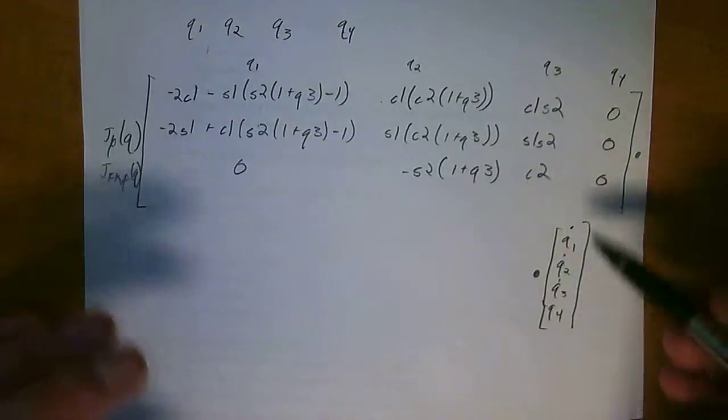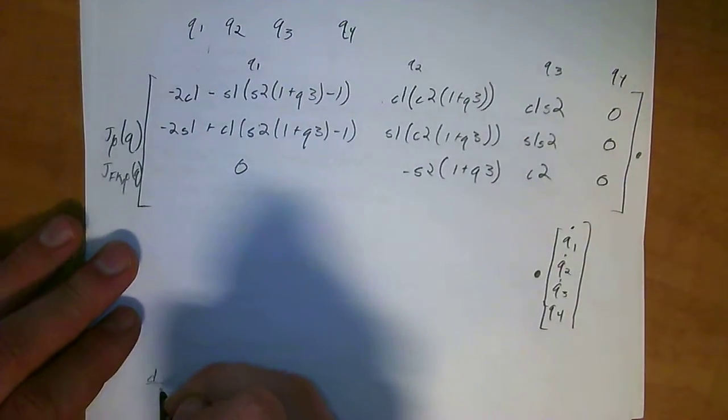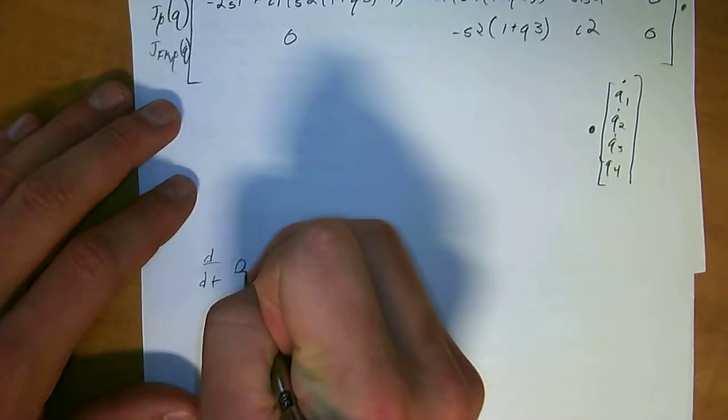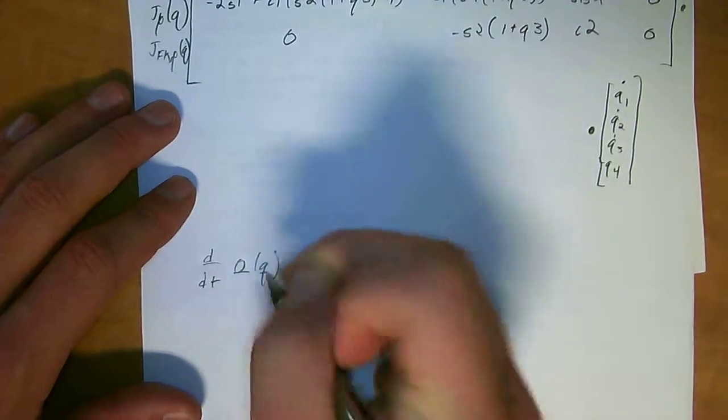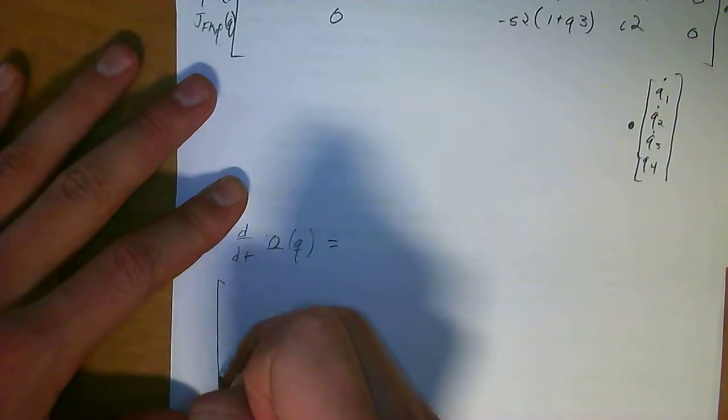But if you want to distribute it all through and make it even more official, you can go d/dt, excuse me, of O of Q is equal to, I'm actually going to move down here because this is going to be really long.